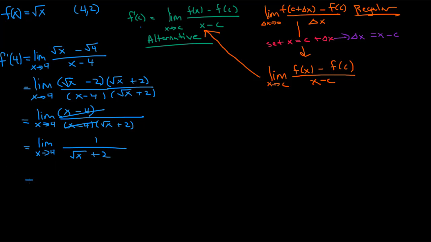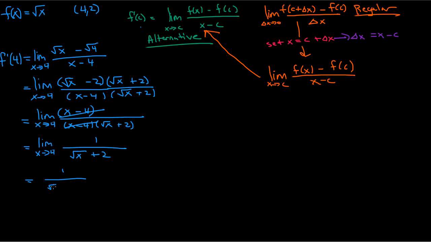And now that function is defined at x equals 4, so we can use direct substitution. Plug in a 4, we're going to get 1 over the square root of 4 plus 2.